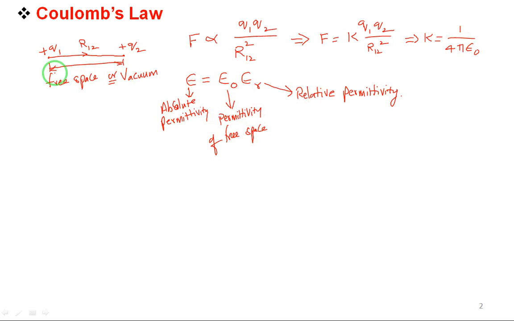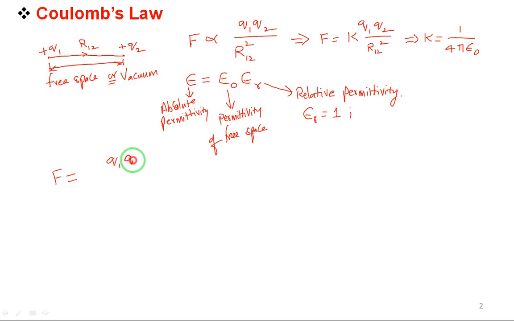Since we have assumed that these two charged bodies are placed in free space or vacuum, the relative permittivity epsilon r is 1. So the absolute permittivity is just the permittivity of free space, epsilon naught, right?